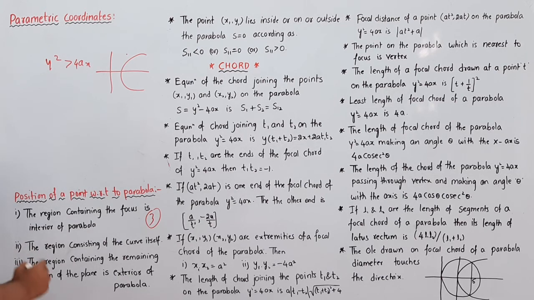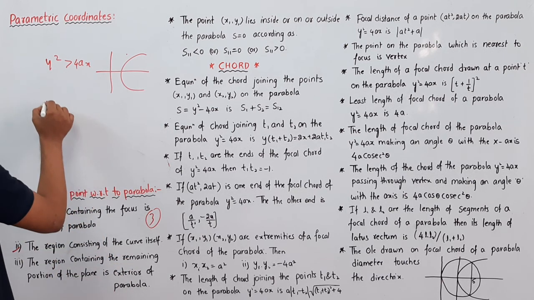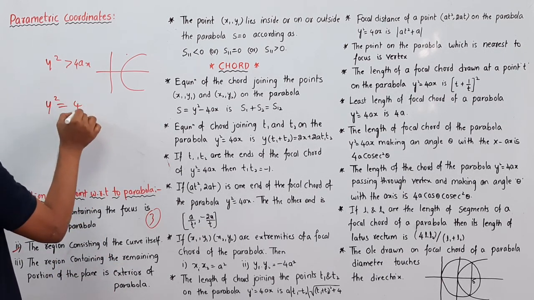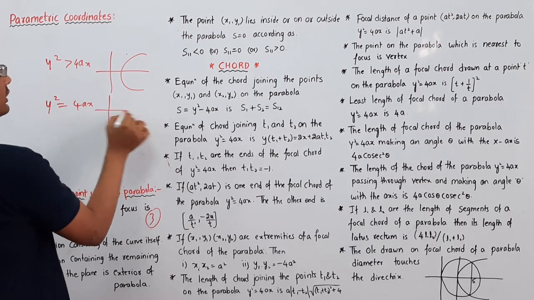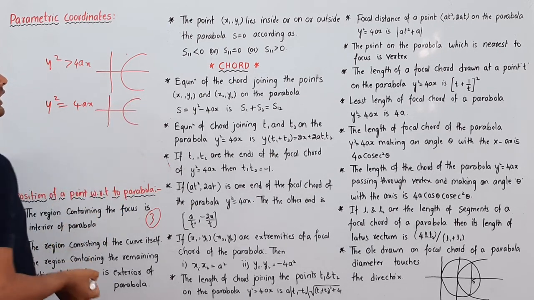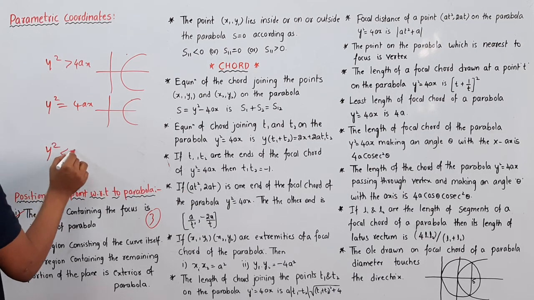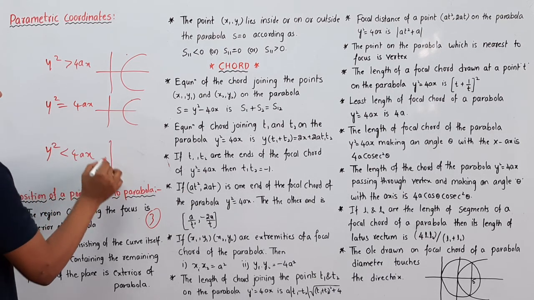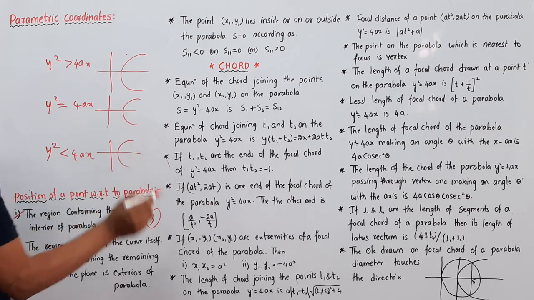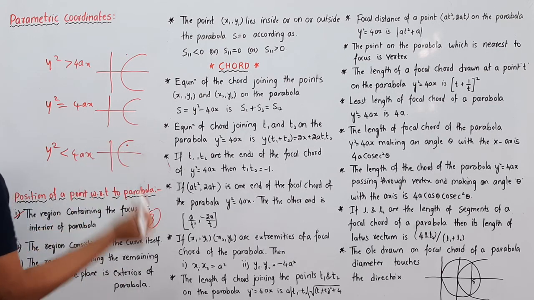Next, the second one, the region consisting of the curve itself: if y square is equal to 4ax, then the point lies on the curve, that is the parabola. And if y square is less than 4ax, the point lies inside of the parabola.